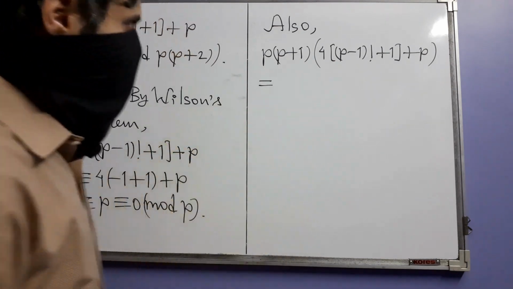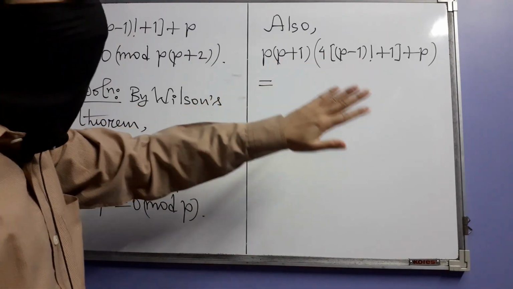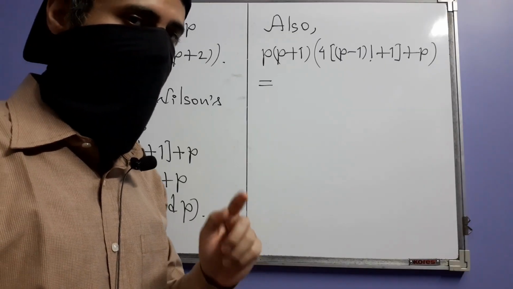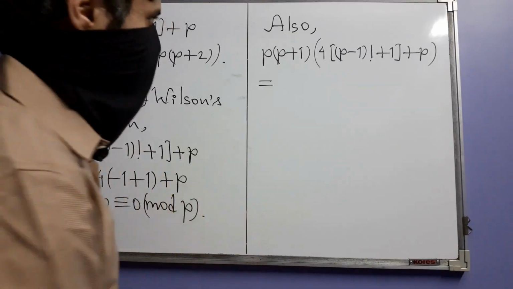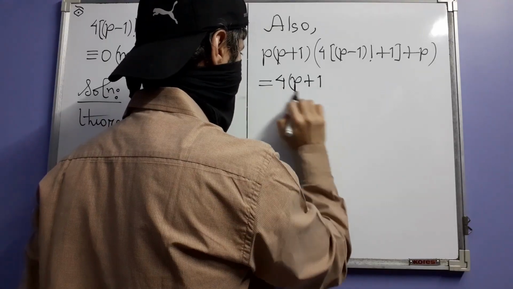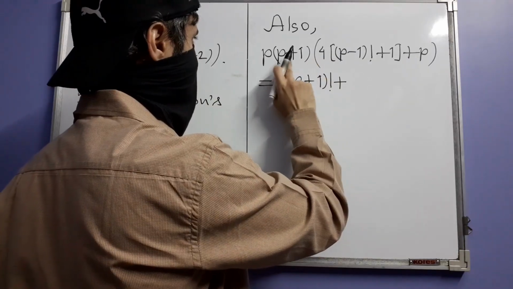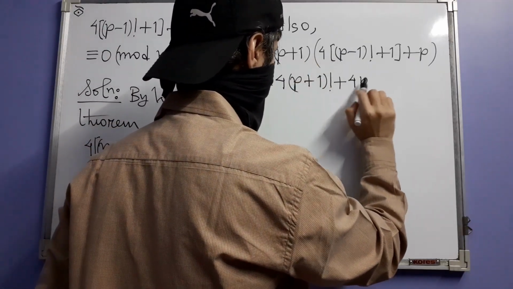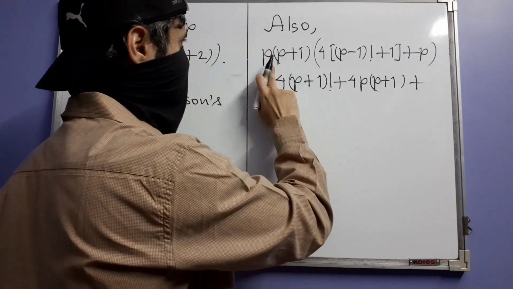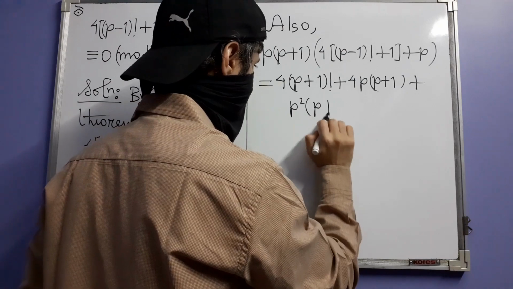So you can see that with p minus 1 factorial, 4 is also there, but with this factorial we will multiply p and p plus 1. So that will give us p plus 1 factorial with 4. p plus 1 factorial plus 4 times p plus 1 plus p square times p plus 1.